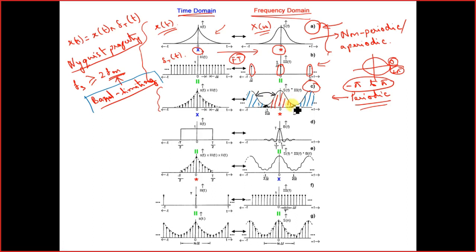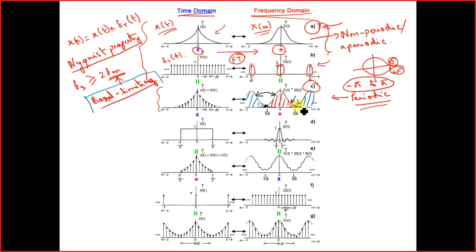In the main lobe we will have the higher frequency component, but in the repeating lobe it will have the low frequency component. So the low frequency component will mingle with the high frequency components.